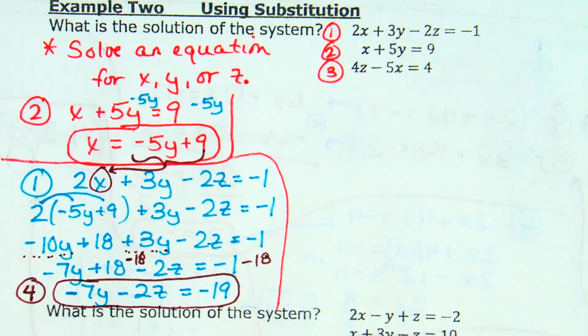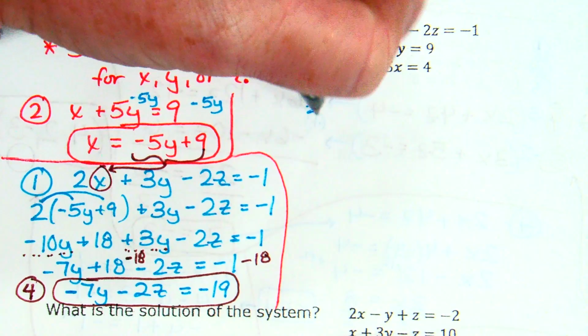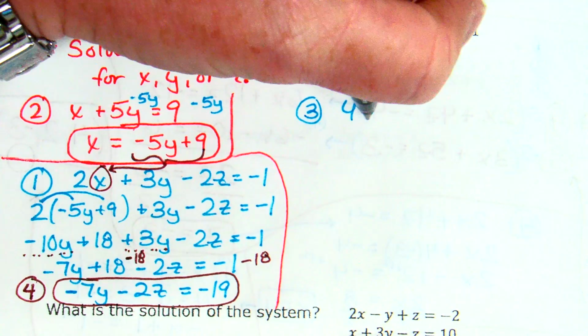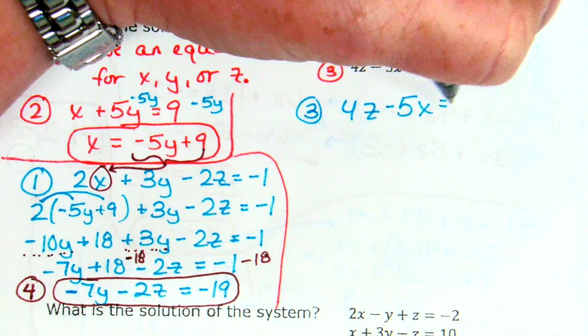Now I'm going to take 2 and plug it into 3. So let me write my 3 out. 4z minus 5x equals 4.